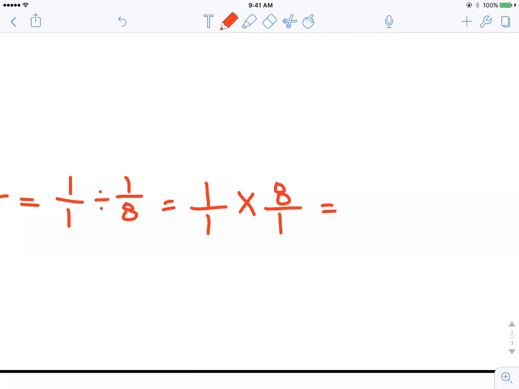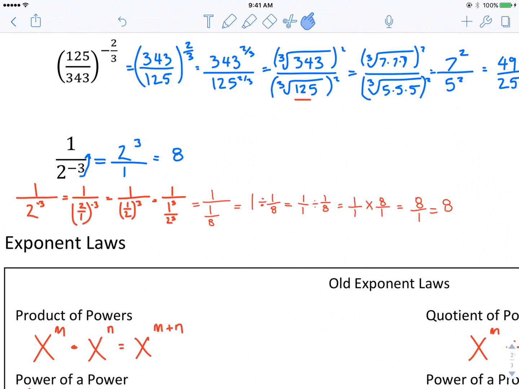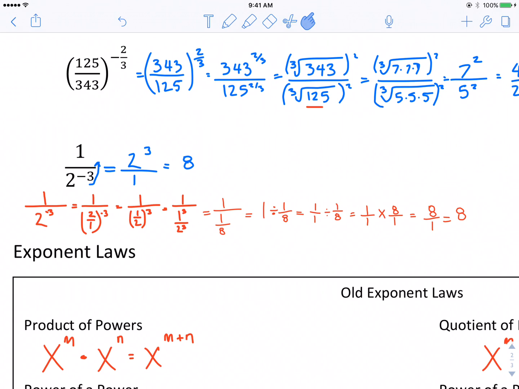Multiply straight across the top, that's 8. Straight across the bottom, that's 1, or just 8. So that's the long-winded explanation of why that works. The short version: if you have a negative exponent, move it to the other part of the fraction, and change the sign.